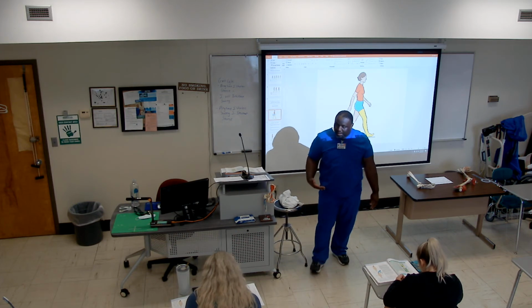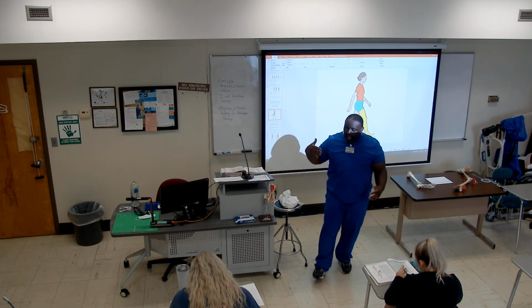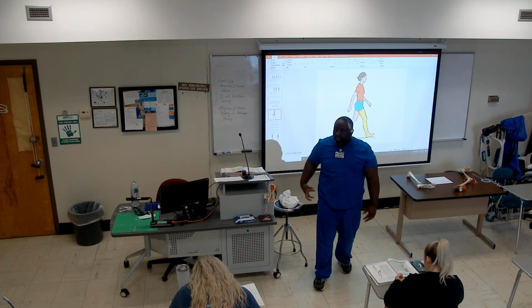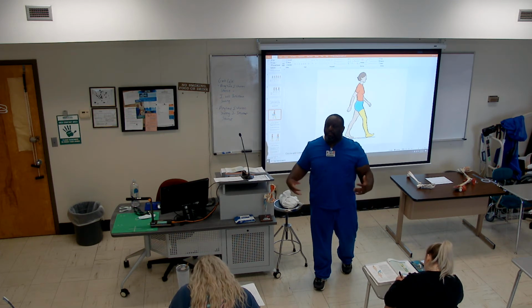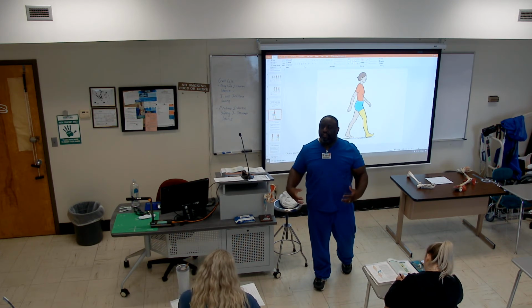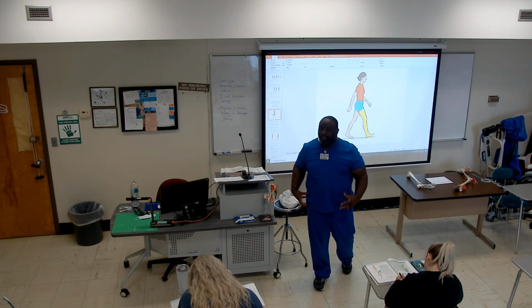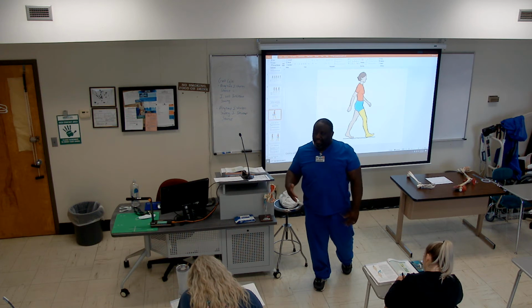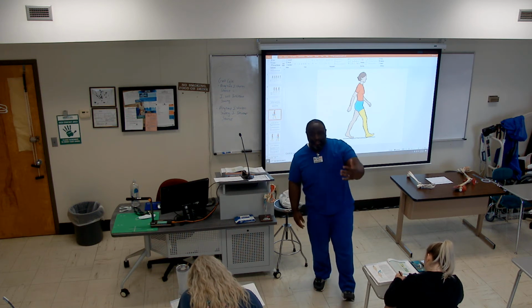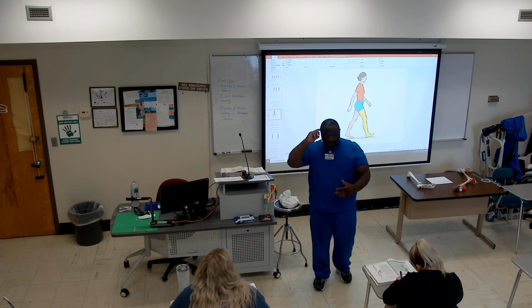Heel strike. I need to be able to have my hip extensor, my glute max, contracting, pulling me into extension so that I can accept the weight that's getting ready to be placed on my leg and stand on it, so that I can progress the other leg forward.